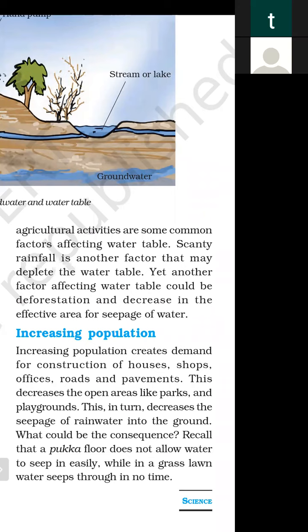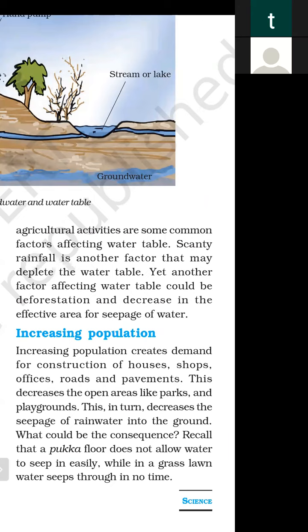This decreases the open area like parks and playgrounds, which in turn decreases the seepage of rainwater into the ground. So by making more houses, roads and offices, the open area for parks and playgrounds is decreased day by day.